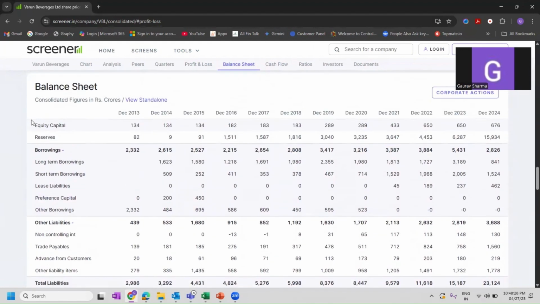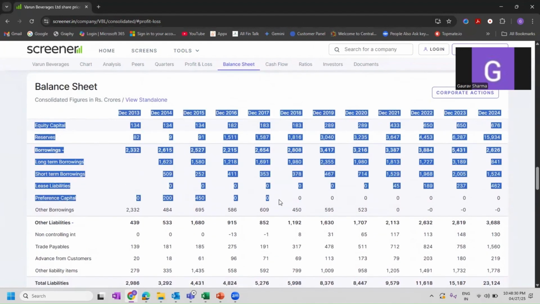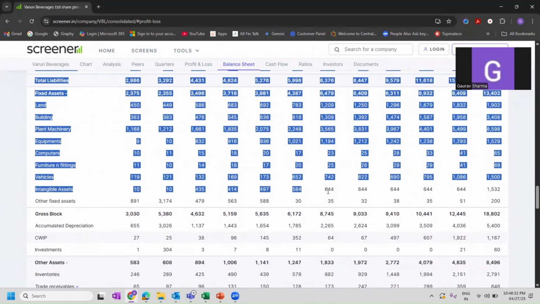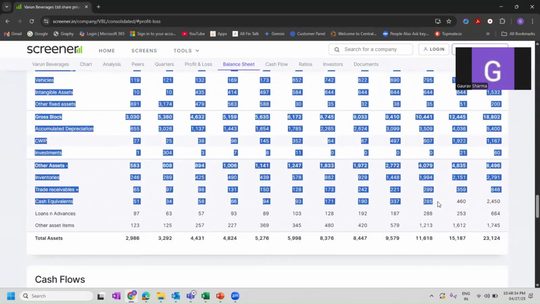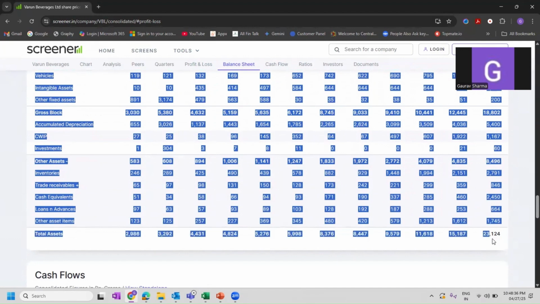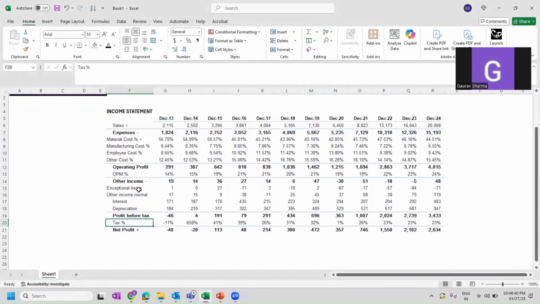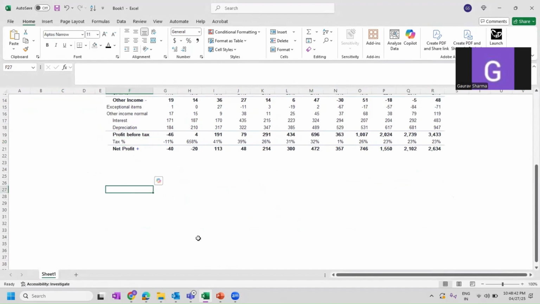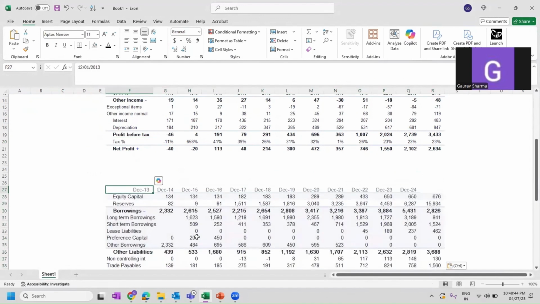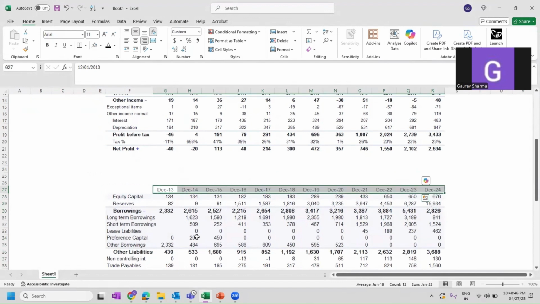Then let's copy this data. We'll paste it over here, just bring it in the proper format.